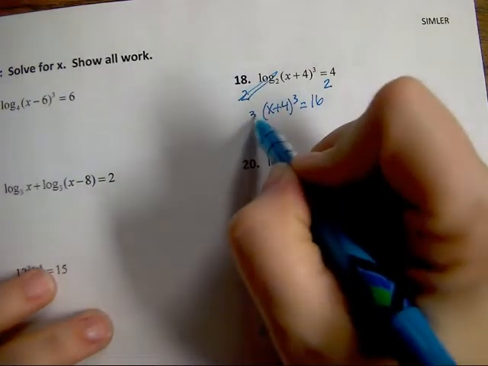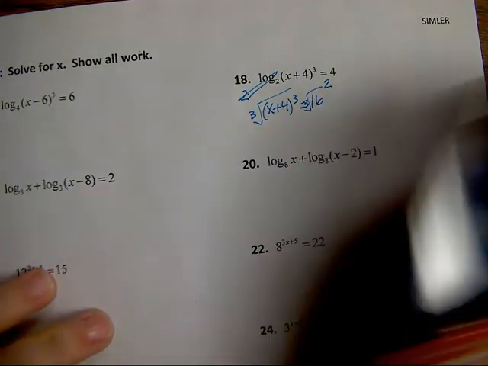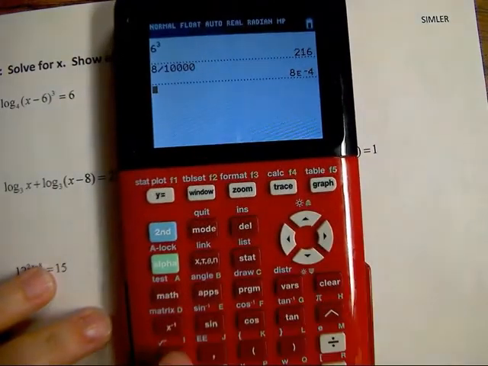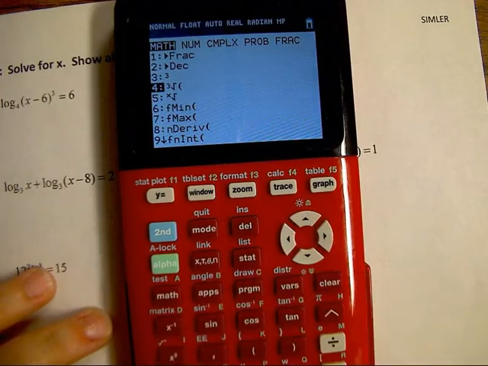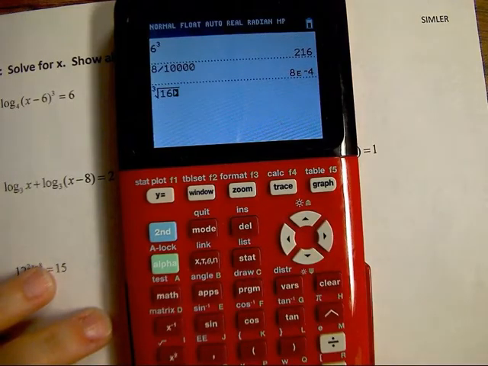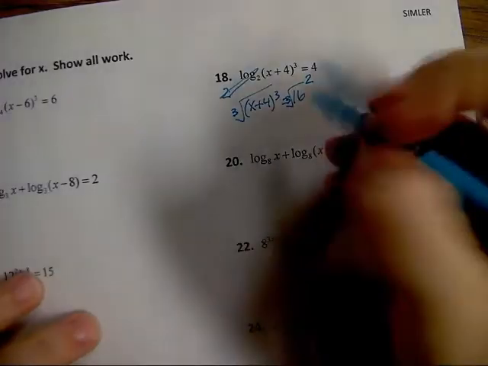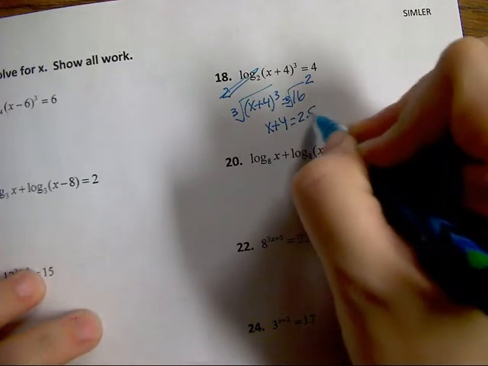Now we have to do the cube root of both sides, which is not going to be a pretty number. Remember, in our calculators, we can push our math button, go down, here is cube root. Cube root of 16 equals 2.52. So x plus 4 equals 2.52.